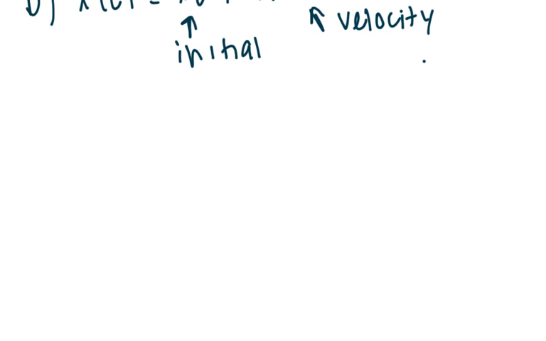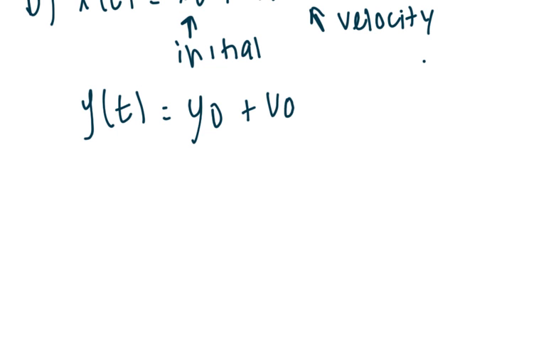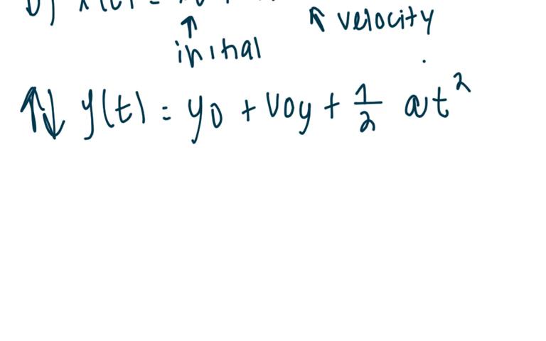So that is our formula. And then for y(t), it equals y initial plus velocity of y times t plus the gravity formula, because this one does go up or down, one half times acceleration times time squared, and this is our gravity.